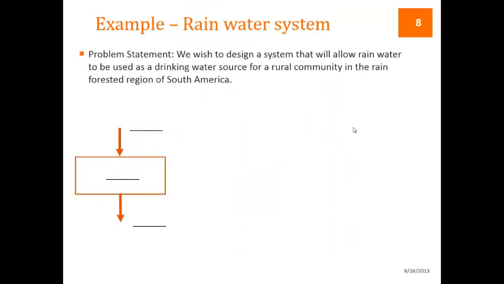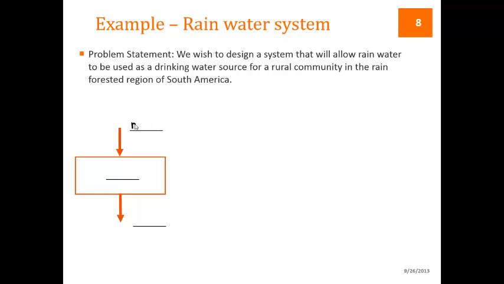So let's get a sense for how this is going to work through a basic example, right? So we want to design a system that will allow rainwater to be used as drinking water, right? For a rural community in the rainforested region of South America. So that's my problem statement. All right, so at the high level, the overall level, right, what do we have?